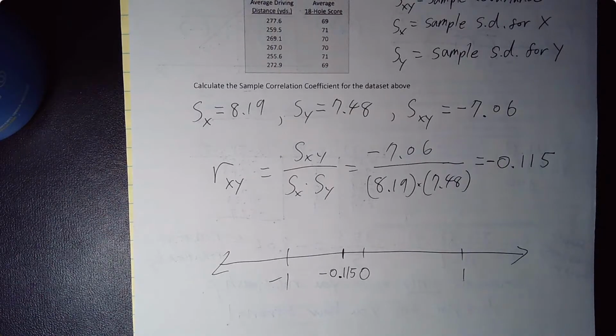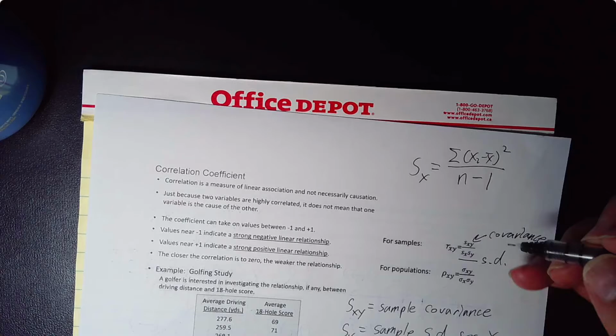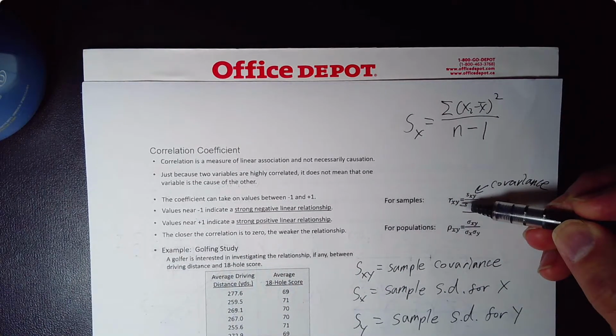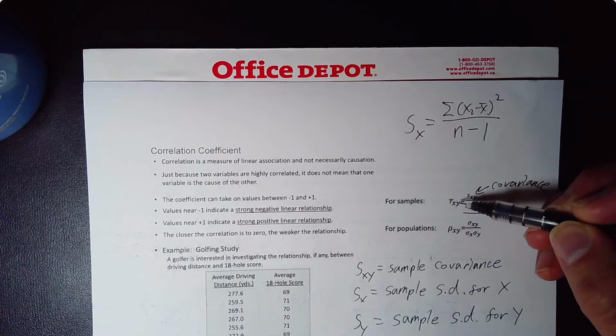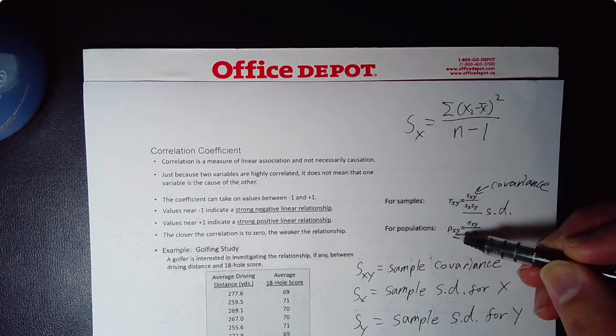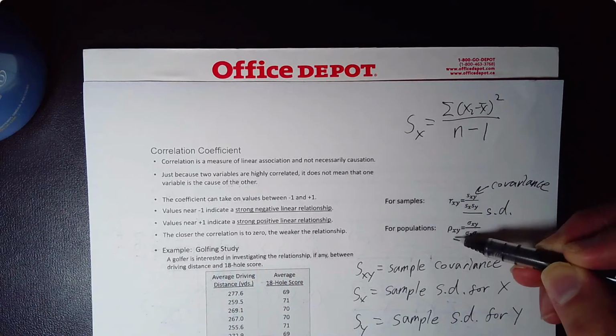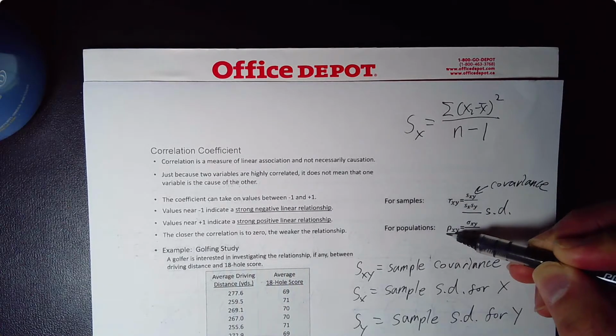One more note. Whenever we're calculating the sample, we always use regular English letters, like R, but these are estimators. These are samples. The population parameter that we're interested in is expressed by Greek letters.